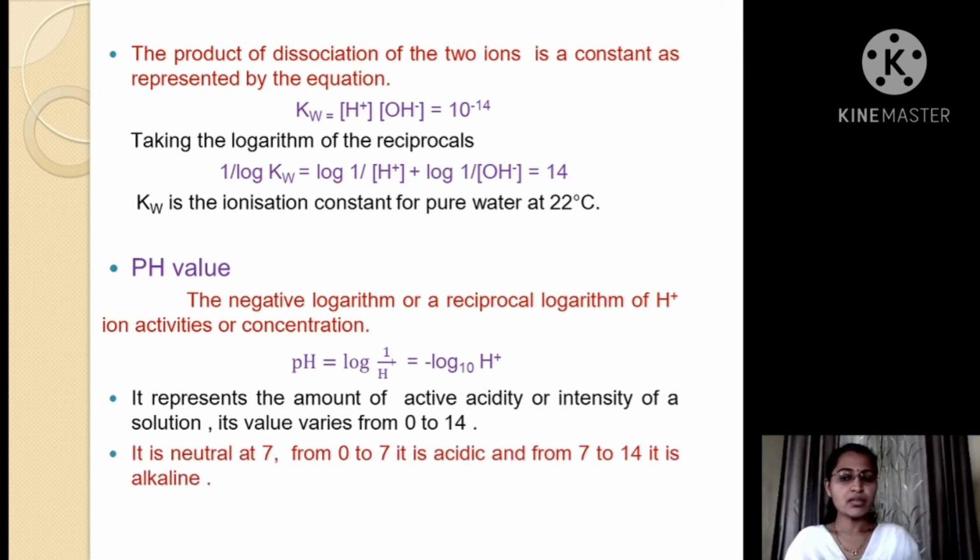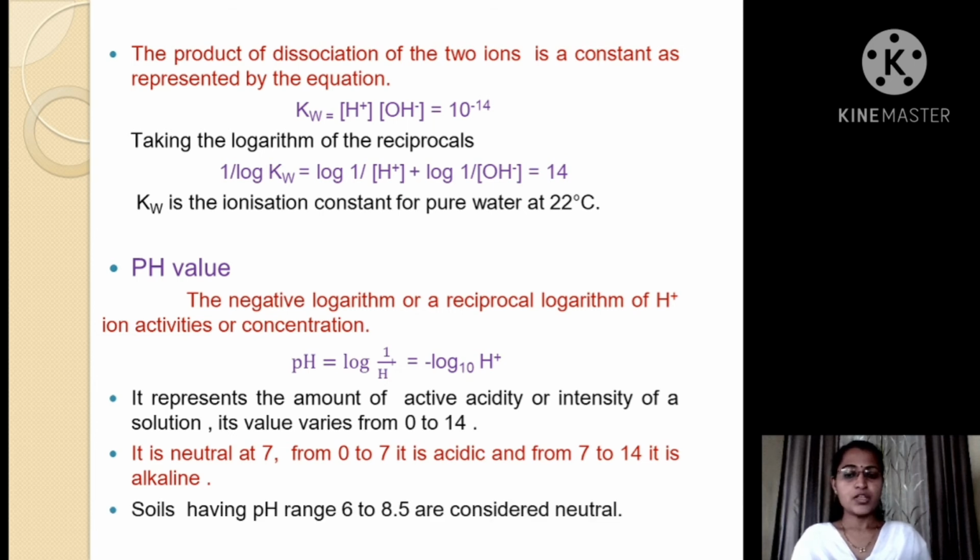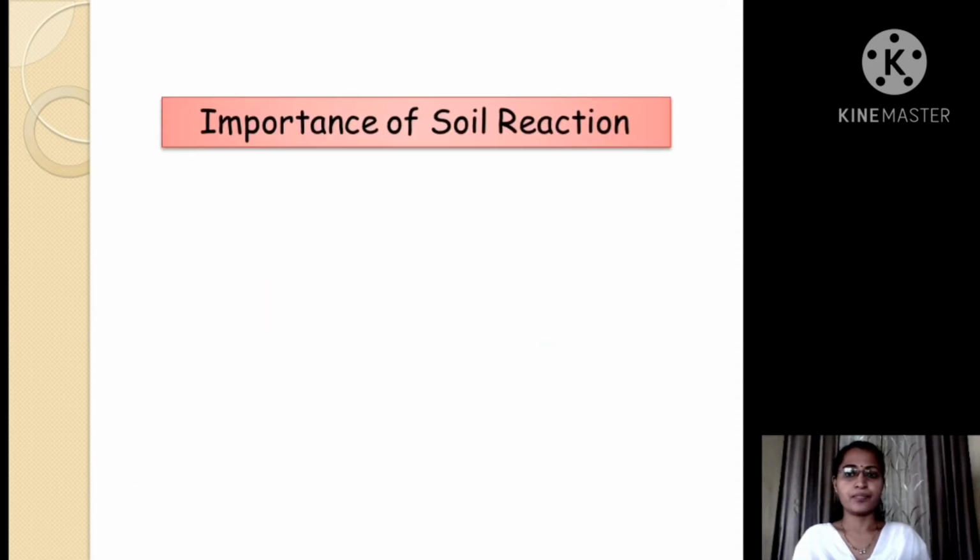When pH is 7, it is neutral. From 0 to 7, it is acidic, and from 7 to 14, it is alkaline. Soils having pH range 6 to 8.5 are considered neutral.